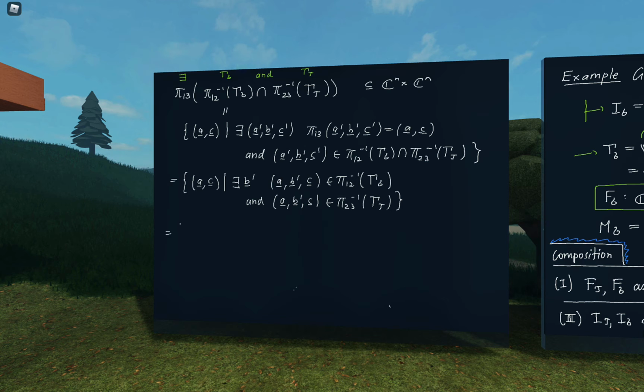So that's simply all those ACs for which there exists, I'll just switch to writing B instead of B prime, with AB in gamma sigma, and similarly for the second condition, and BC in gamma tau, which was of course the composition as claimed.